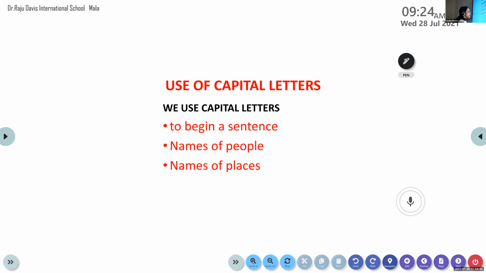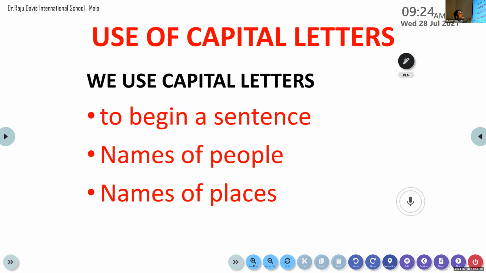All of you, please have a look at it. Use of capital letters. We use capital letters to begin a sentence, and also when we write the names of people and also names of places. Clear to all of you?